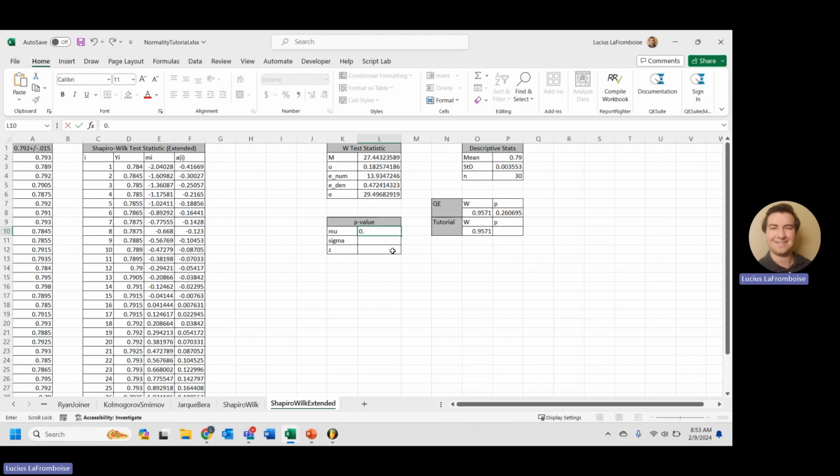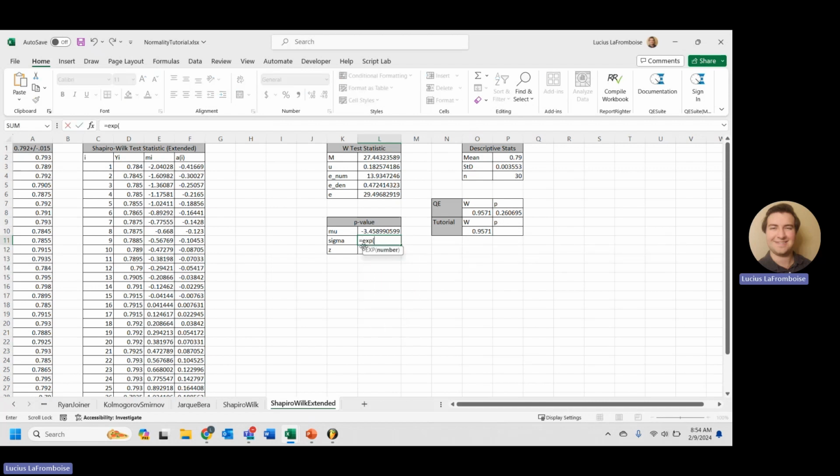So mu is going to be equals 0.0038915 times the natural log, and here we'll actually power of the natural log of n cubed, minus 0.083751 times power natural log of n squared, minus 0.31082 times the natural log of n, minus 1.5861. Awesome, there's our mu.